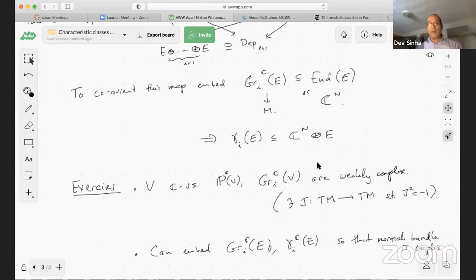So that really means that we are going to think about our embeddings really, as I sort of said, we want to think about the Grassmannian itself as embedded in some complex object.